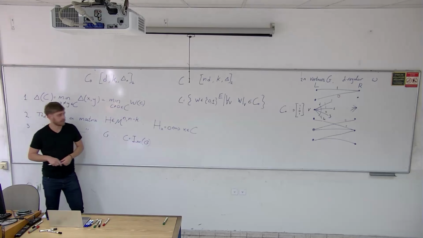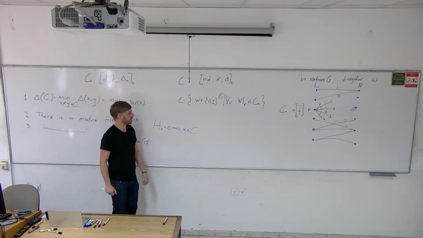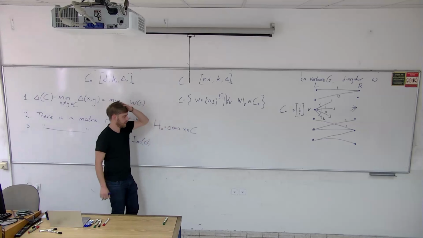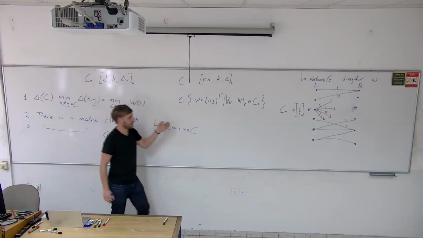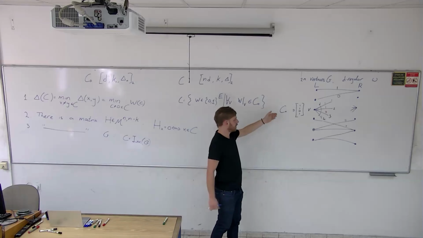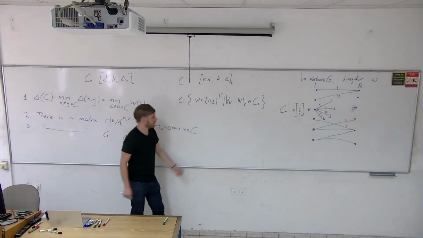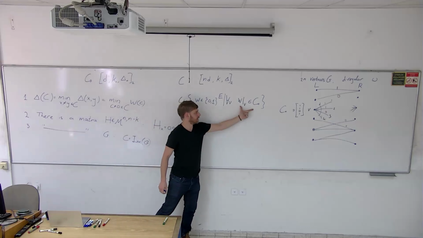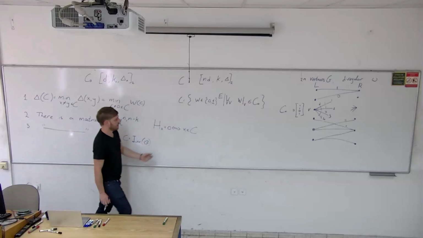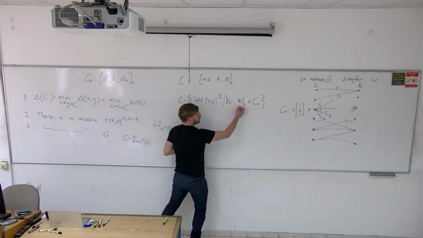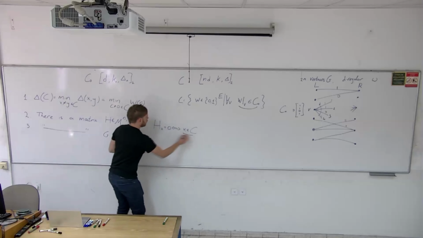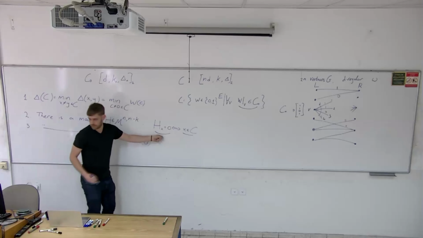Yes, except for 0, which is clearly a valid word. The reason there are words in this code is that these are linear constraints. So w is in C if and only if the linear constraints hold.